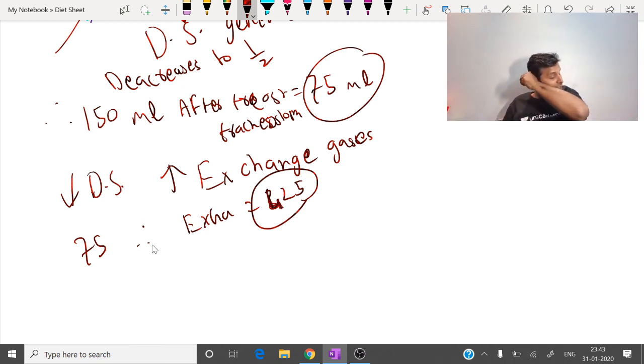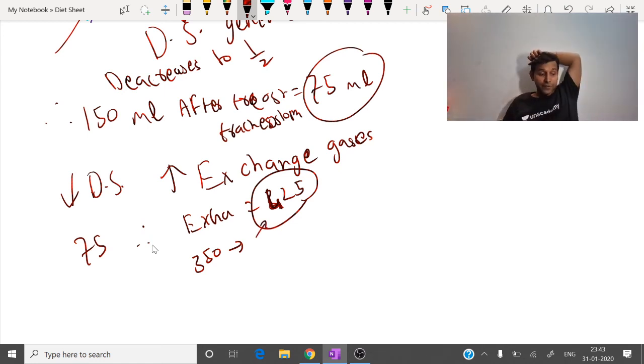Otherwise, it would have been 350. So the exchangeable volume has increased from 350 to 425. That is the advantage of tracheostomy.